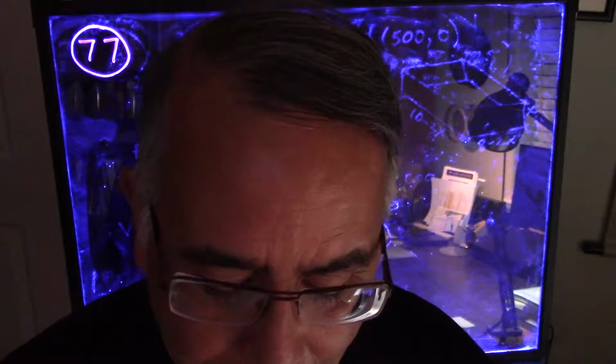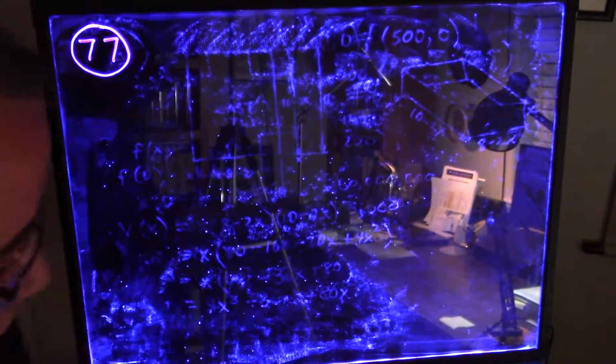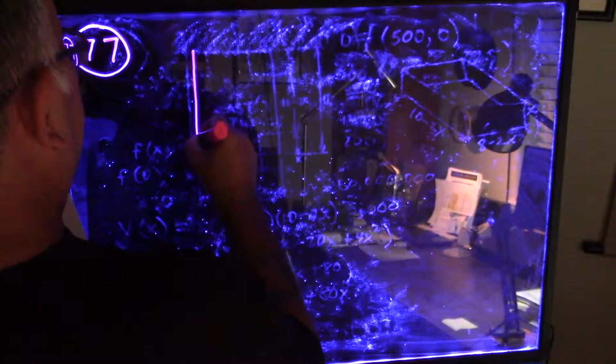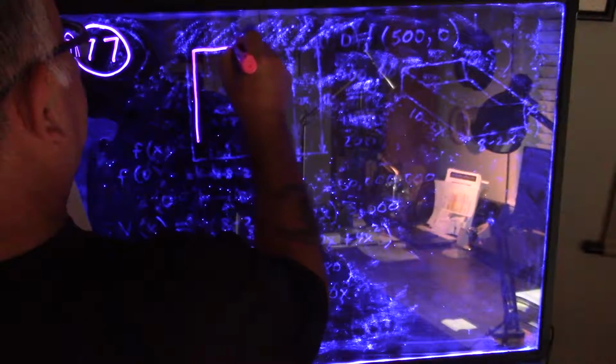Okay, here we go, 77, the penultimate problem. A square has sides of 12 units. Squares x plus 1 by x plus 1 units are cut out of each corner, and then the sides are folded up to create an open box. Express the volume of the box as a function in terms of x. So, this time we start with a square. So all the sides have equal length.